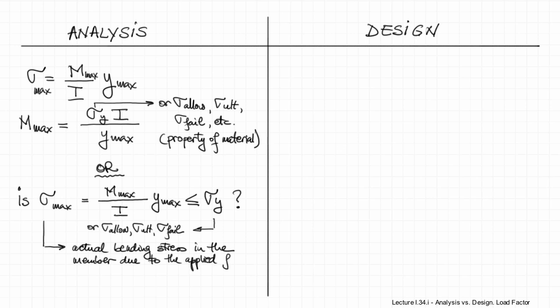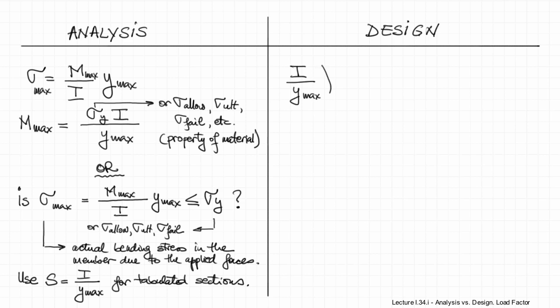So in the end, we will say yes, the beam can or cannot support the loads applied to it. If you are dealing with rolled sections versus custom sections, you can use the section modulus, which is equal to the second moment of area divided by y max, and values of the section modulus for rolled sections are of course given in tables.